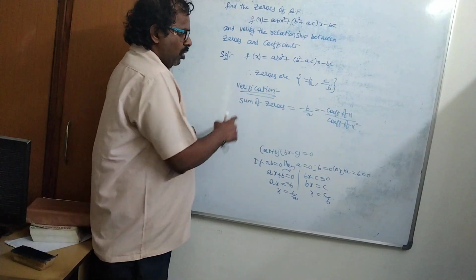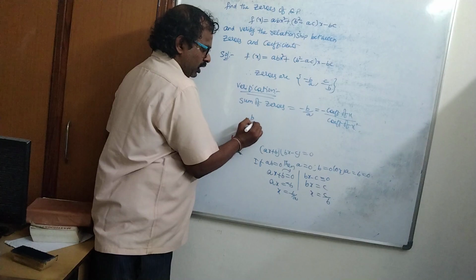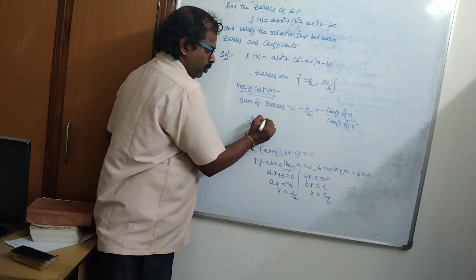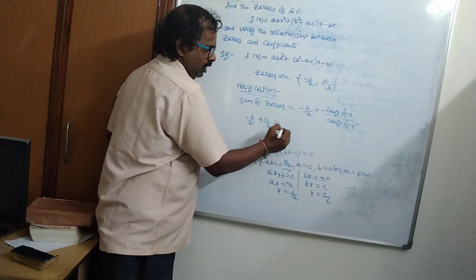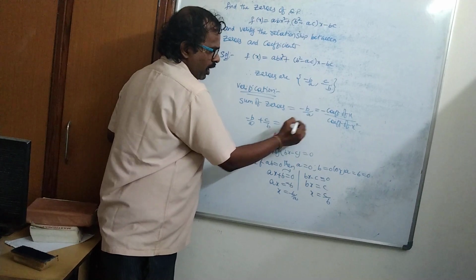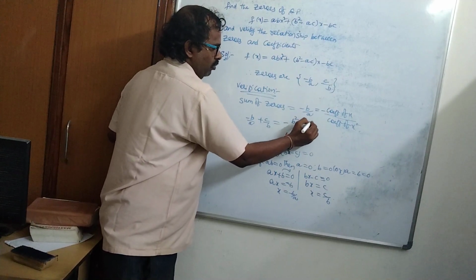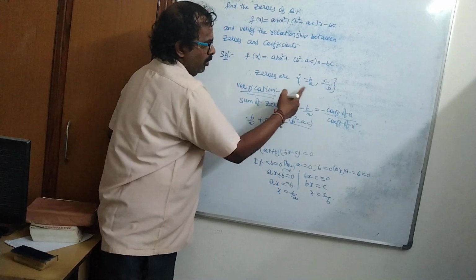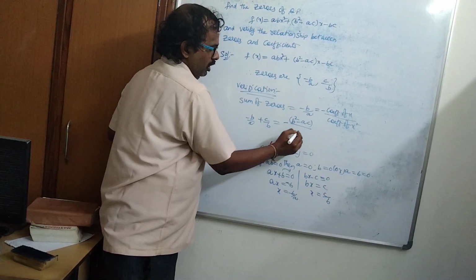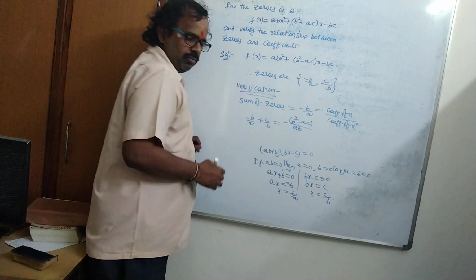Now the sum of zeros, minus b by a plus c by b, is equal to minus coefficient of x, which is b square minus ac, by the coefficient of x square, which is ab.